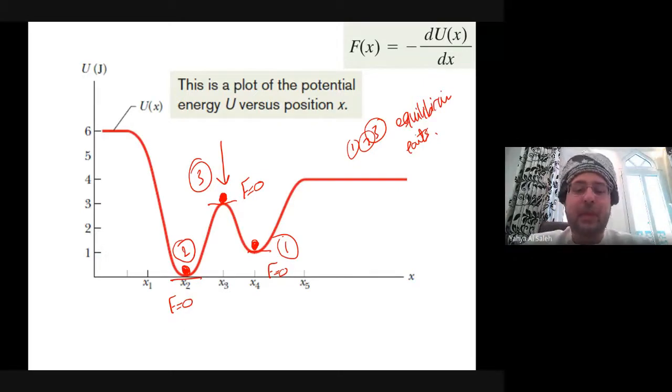But in points 1 and 2, this equilibrium is nice. The ball wants to come back. But in point number 3, although it's an equilibrium, it's a bit different.